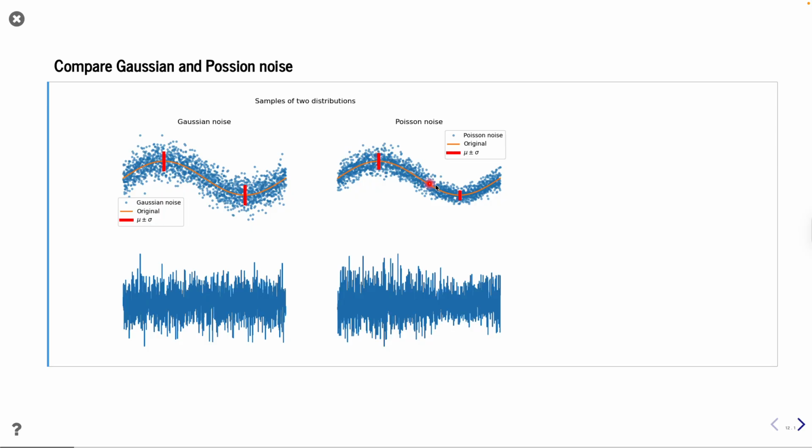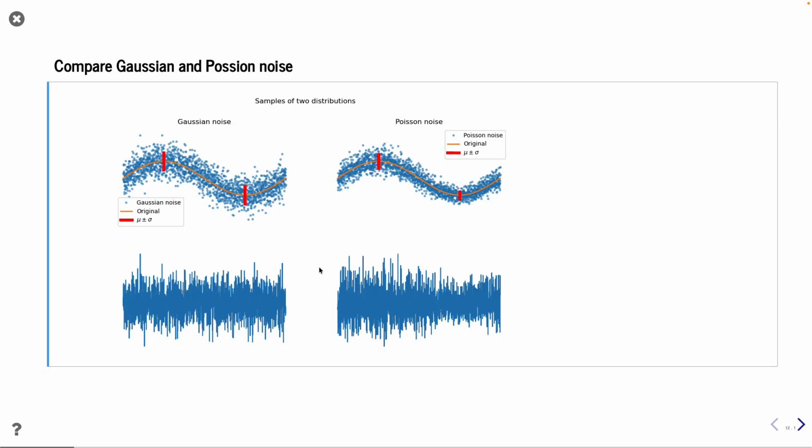And as a comparison, I tried here to show the difference. If you have a signal looking like this, a sine wave, and add Gaussian noise, you can see that the band around it is more or less the same. And I also put in the big wide bar here, the variance of the signal at that point. If you look at Poisson noise instead, you have a greater variance with higher amplitude than you have down here.